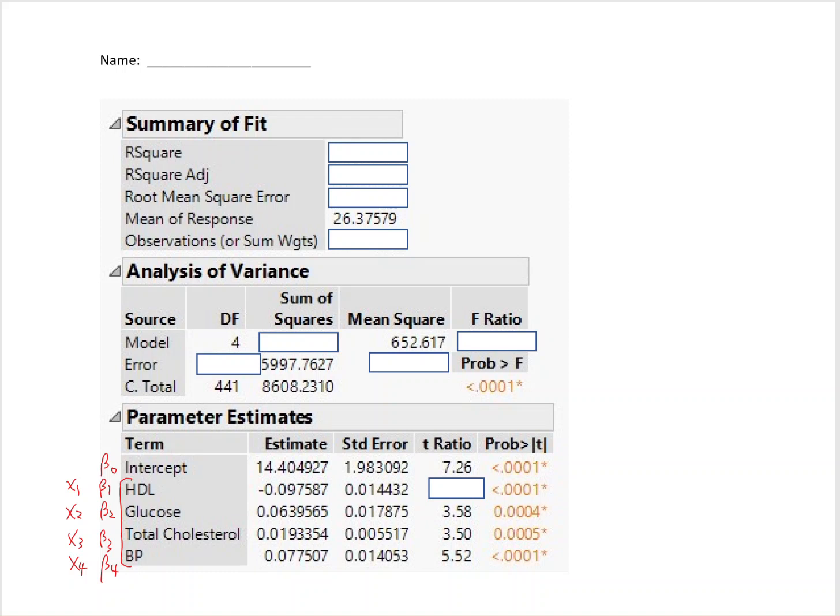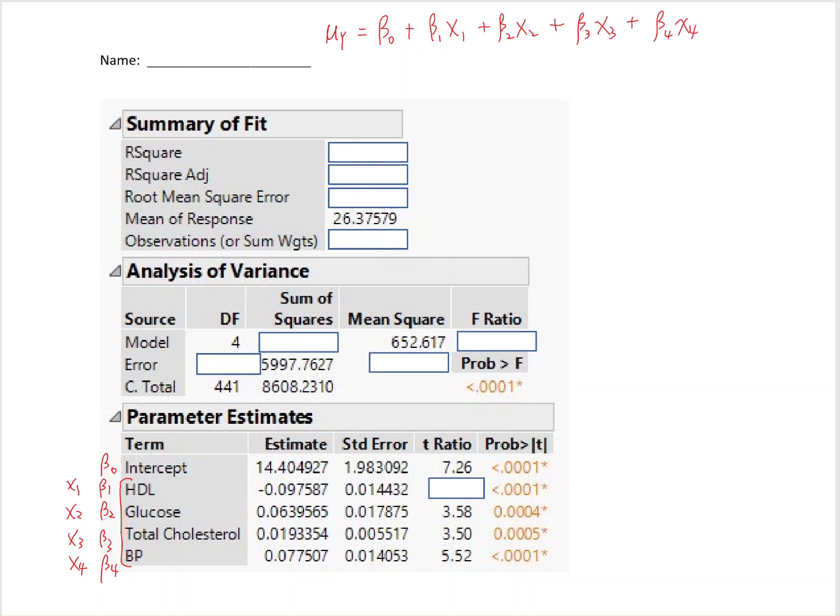So what is the population model for this regression? Since we are talking about the population model, we start with mu of y equals the intercept beta 0 plus beta 1 x1 plus beta 2 x2 plus beta 3 x3 plus beta 4 x4.